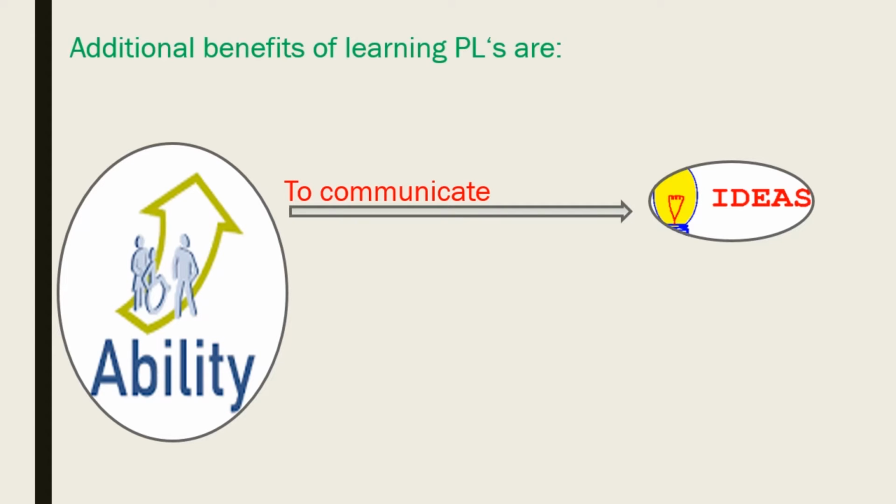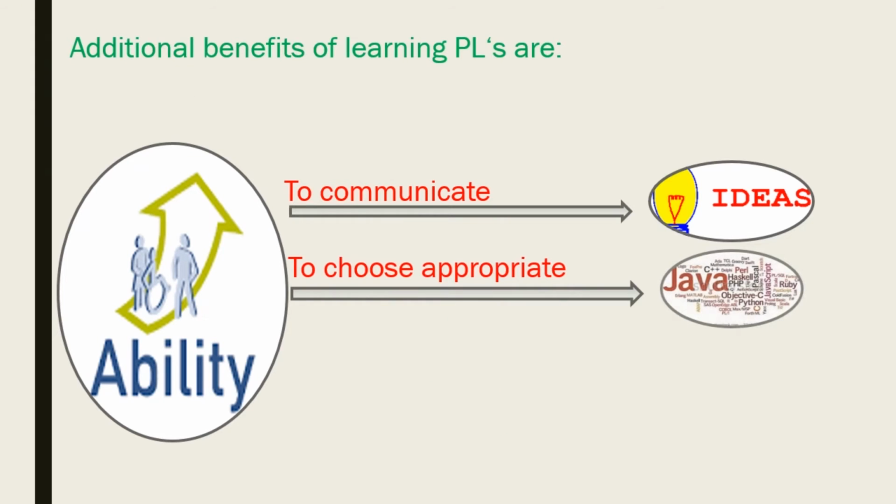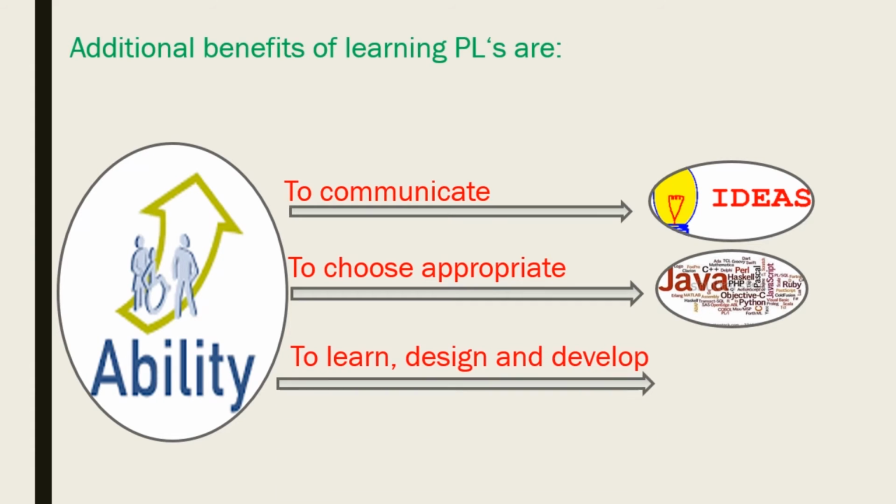Programmers can choose an appropriate programming language. As many languages as you gain knowledge of, more is the understanding of language concepts. So, it provides the ability to develop new programming languages.